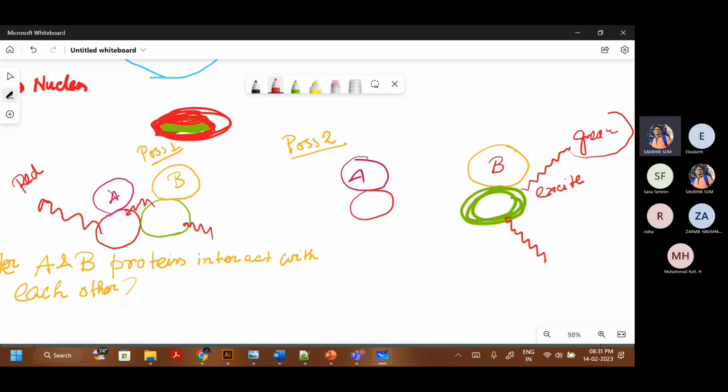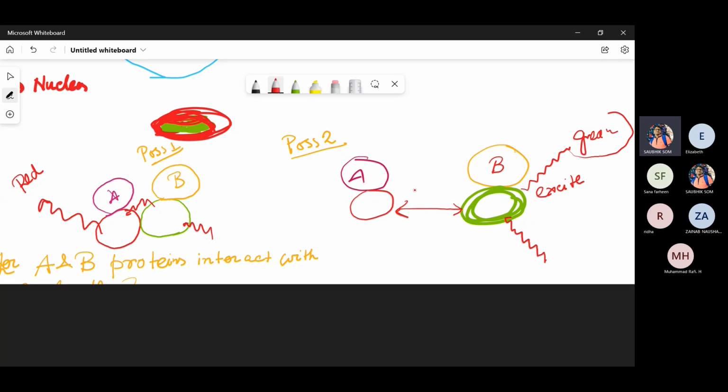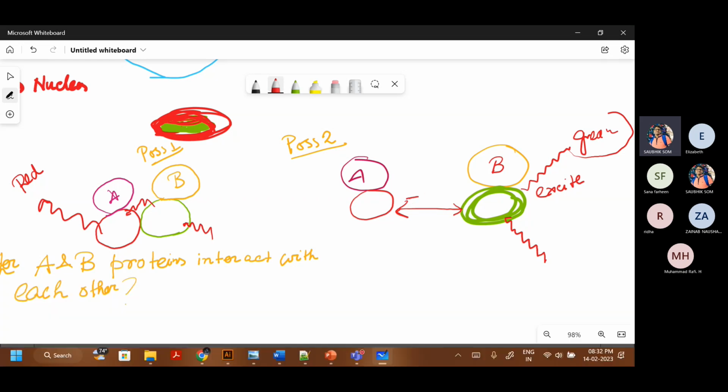Now, why is this very important? This is resonance, right? This protein I'm exciting and this protein I'm getting emission from, so their emission is resonating with each other. This can happen within just a few nanometers.